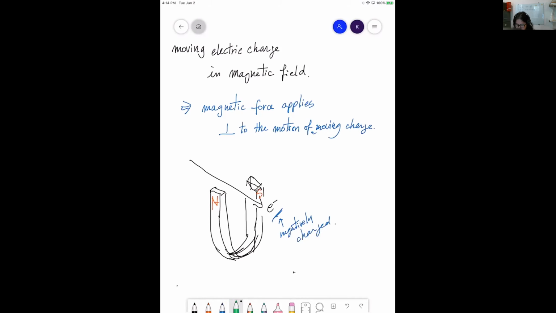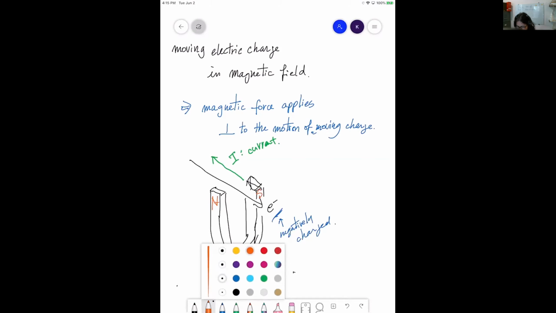So then imagine that this is the direction of the current. Current is defined by the positive charge, so it's going to be oppositely moving, and you curl up your right fingers to the north and south. So the electrons will go downward. Inertia is going to take over, so it will be down.